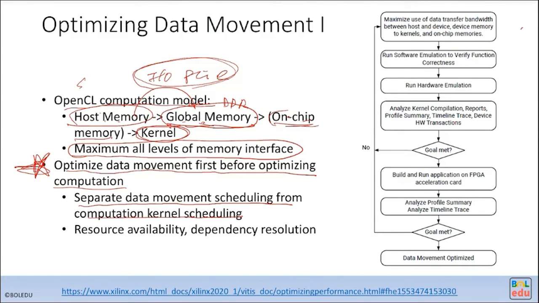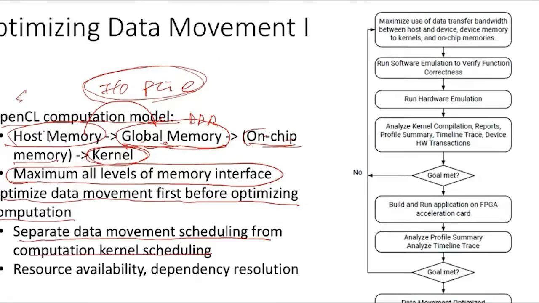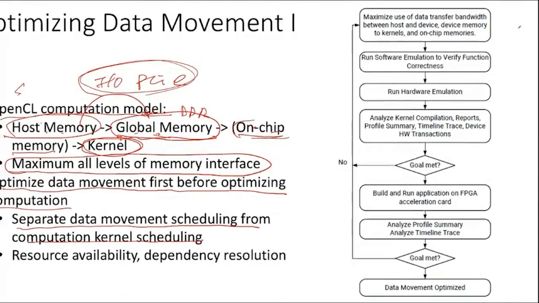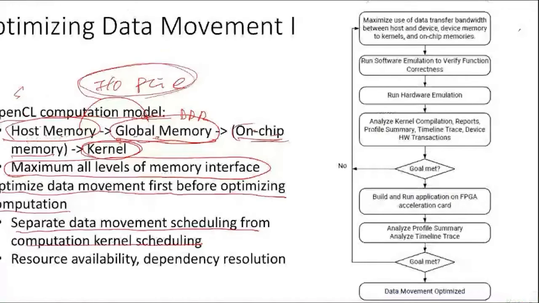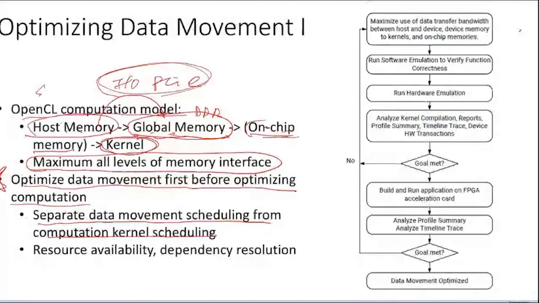At this stage, you can focus on the data movement. This is the flow recommended by Xilinx, and that's the target. First, you run the software simulation. First, make sure the function is correct.